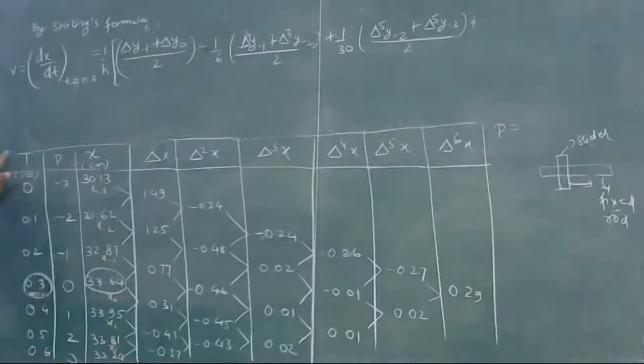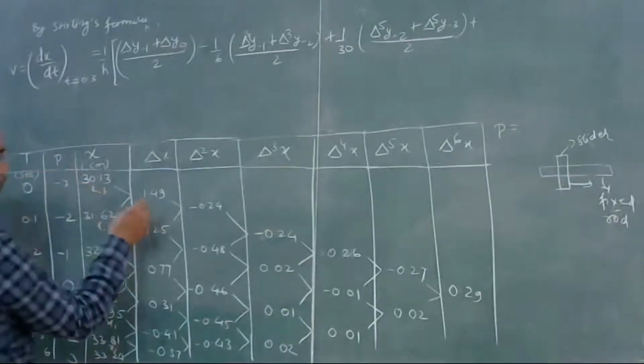So first write t and x, and in the middle you should write p. We have to find the value of velocity at t is equal to 0.3. So this term will become t naught. Corresponding to this, value of p will be 0, and this will be the corresponding value of x naught. So this will be x minus 1, x minus 2, and x minus 3.